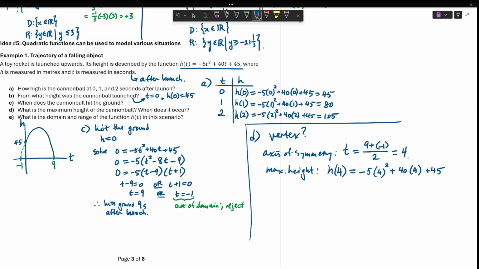That's the original standard form of the function. That's 125. So now we know the vertex is at (4, 125). If we want to write that as a sentence, we're going to say it reaches the maximum height of 125 meters above the ground after 4 seconds.